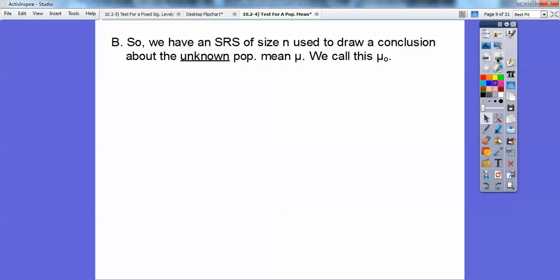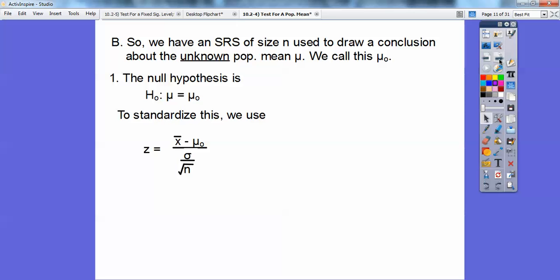So you have an SRS of size n, and you want to draw a conclusion about the unknown population mean, mu. We're going to call this mu sub 0. Your null hypothesis is always that there's no change, so the population mu is equal to mu sub 0. That's what that says right there. Then to standardize this, you use our old friend, the z-score conversion.